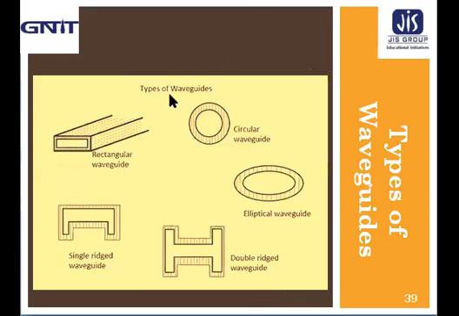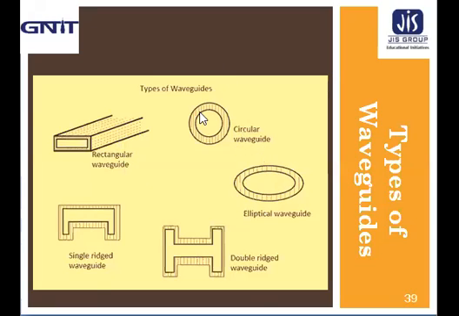Now, these are the different types of waveguides. This is a rectangular waveguide, this is a circular waveguide, this is a single ridged waveguide, that is an elliptical waveguide, and that is a double ridged waveguide. But in your syllabus, there are only rectangular waveguide and circular waveguide.